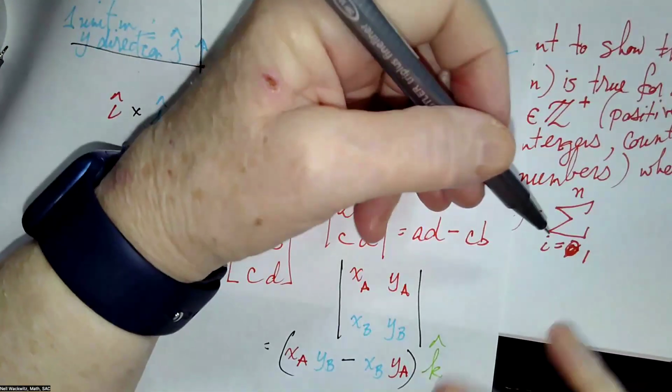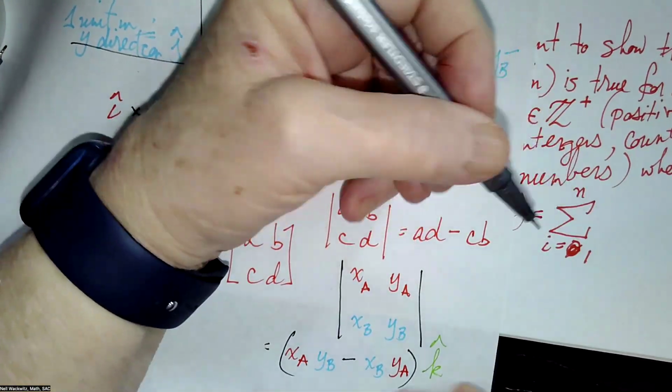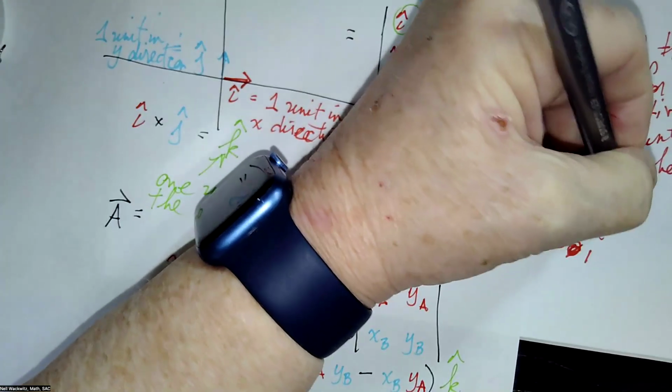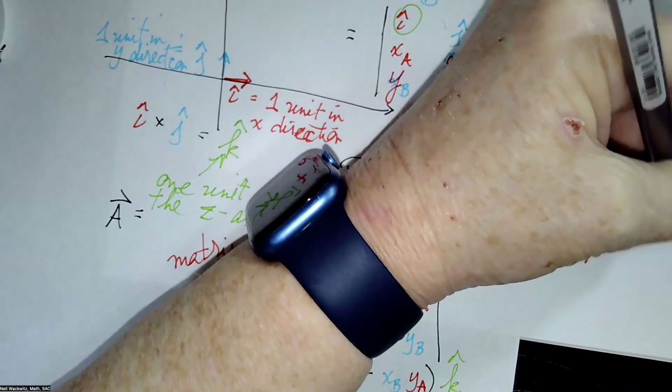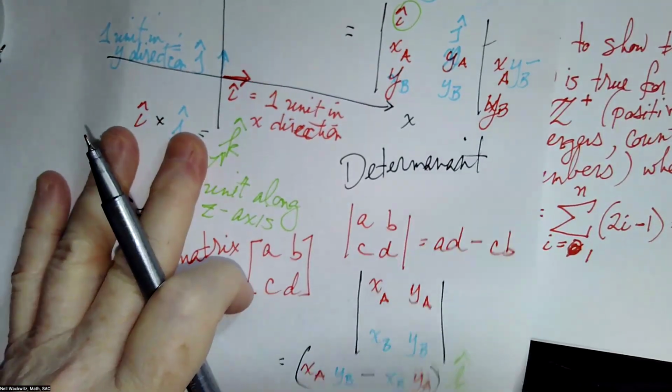And we want to show that the sum as i goes from 1 to n of 2i minus 1 is equal to n squared.